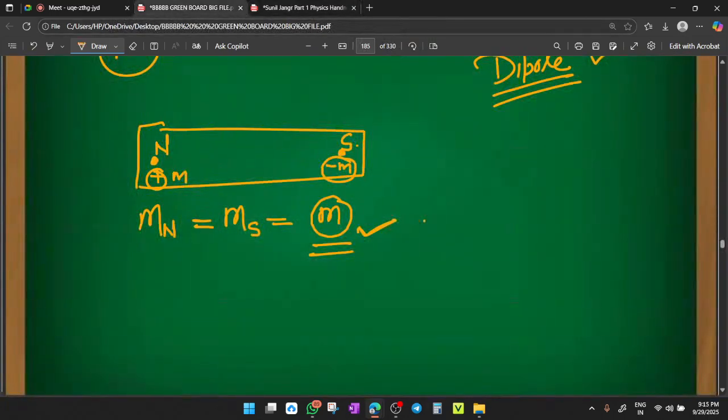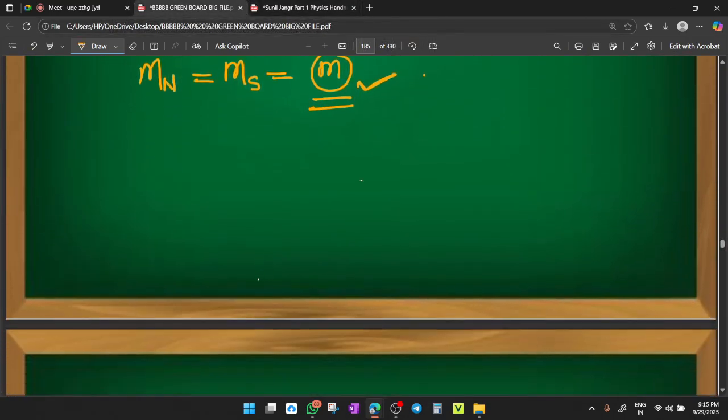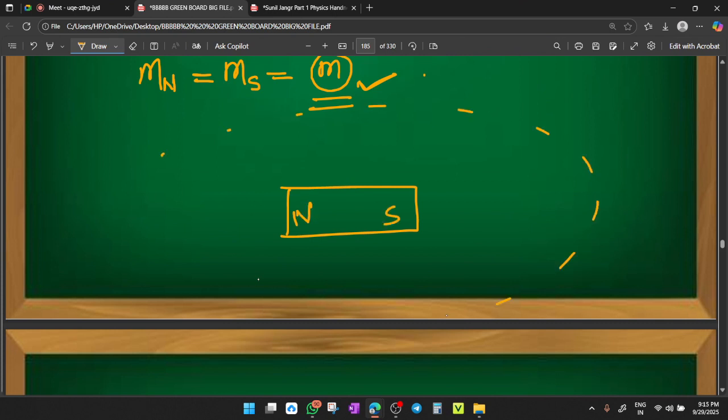The region around the magnet. You have a magnet, then definitely it can exert its effect up to a certain distance. Yes or no? You can realize its effect up to a certain distance. What does the word effect mean?